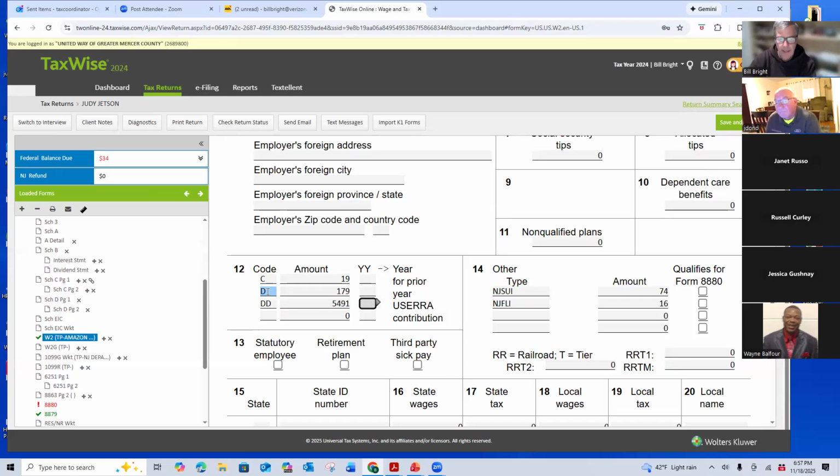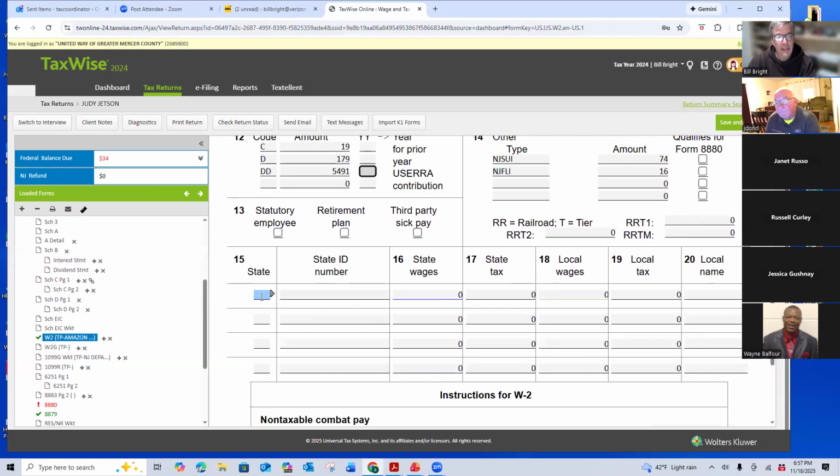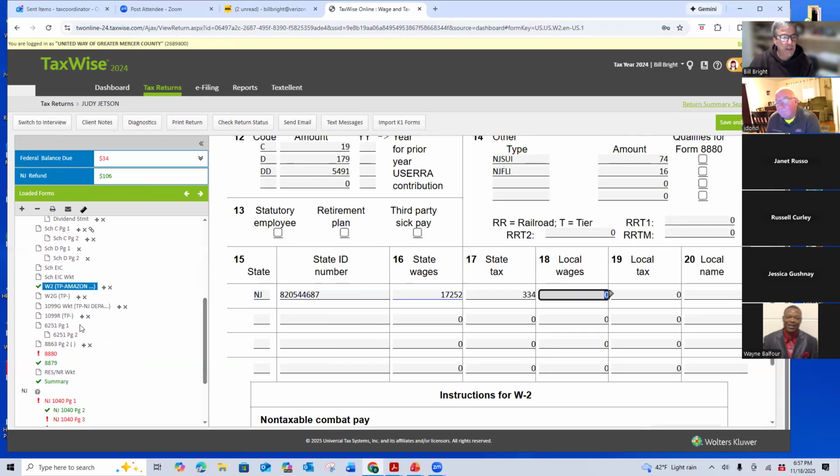We'll kind of go through that at a later time. And now we got New Jersey state wages. 172 is okay. So see how the W-2 now turned green? So I've got all the information that I need there.